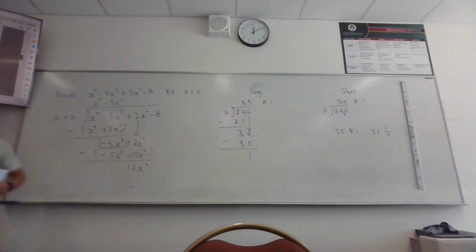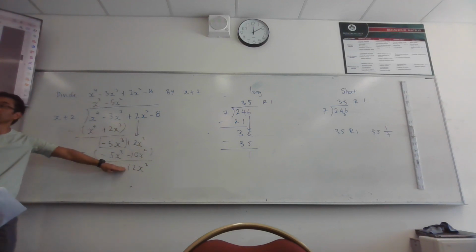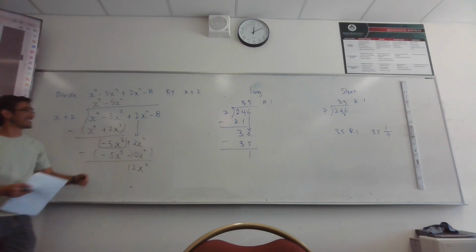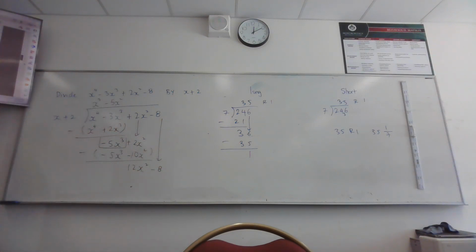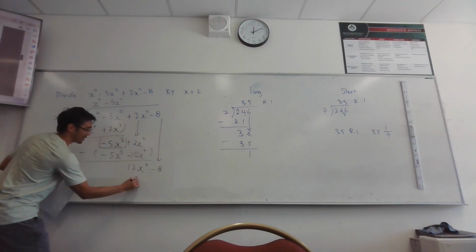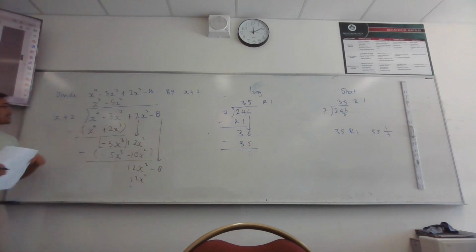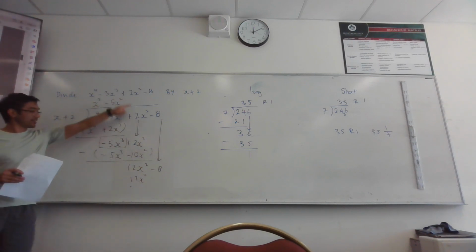Okay. What's my next step, Hudson? What question am I going to ask right now, Emily? Exactly. We want a 12x squared. And so if I have x times something is 12x squared, Maya, what needs to go up here?